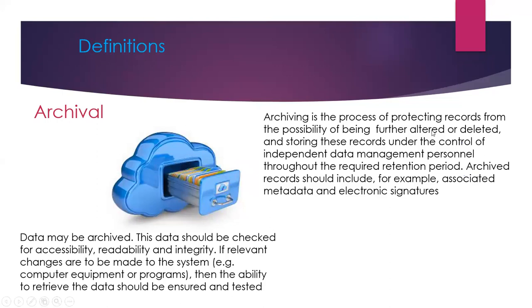So archiving is the process of protecting records from the possibility of being further altered or deleted, and storing these records under the control of an independent data management person throughout the required retention period. Archived records should include, for example, associated metadata and electronic signatures. All the metadata and all the electronic signatures should be kept with the main data for archival.